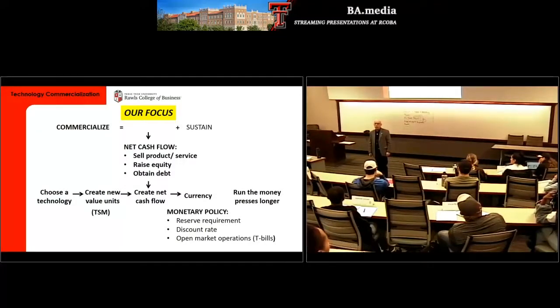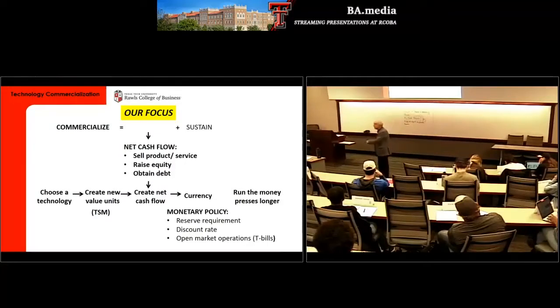Okay, so one more time. They want to get money into the economy. They buy T-bills by running the presses longer. They want to get money out of the economy. They sell T-bills so that everybody pays their money to the Fed, and it goes and sits in the basement like straw in the barn.